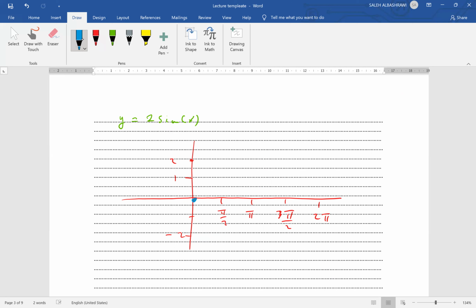The y values are 0, 0, then 2, then 0 again, then minus 2. These are the points that we found in the table.